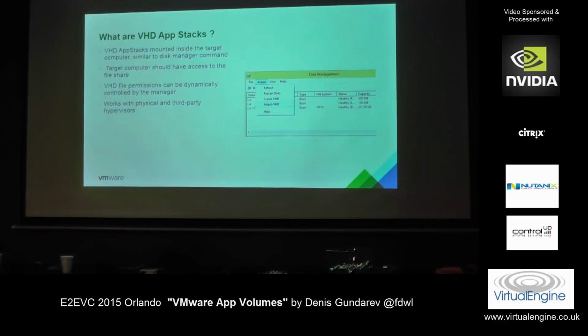And when user logs on to the computer, we need to get computer permissions on this VMDK. And we dynamically change permissions on the VMDK, on VHD files, to ensure that only the computer that needs to have access, because of user logged into this computer, only this computer has read or read-write permissions on the VHD file.